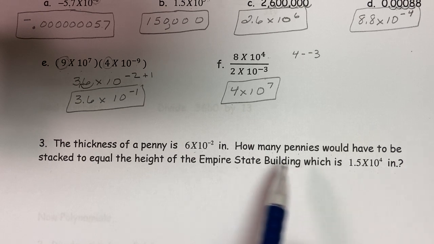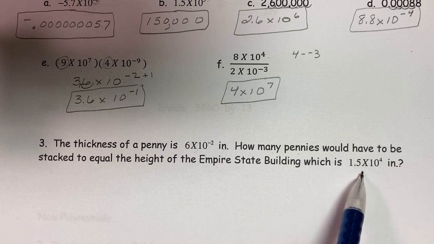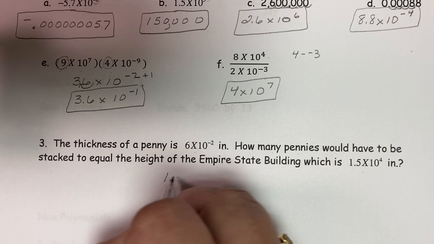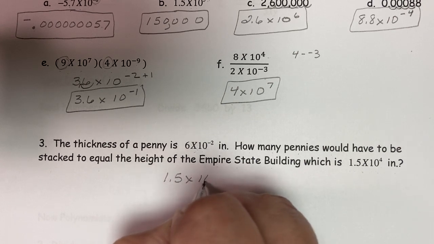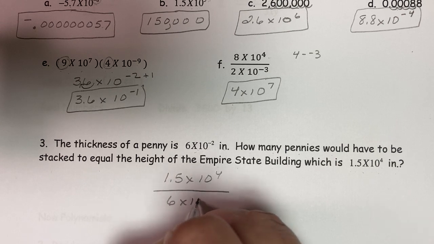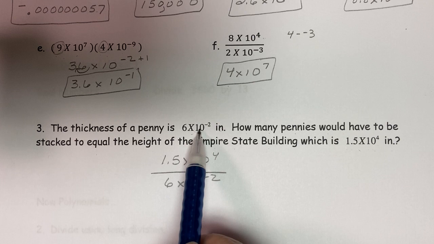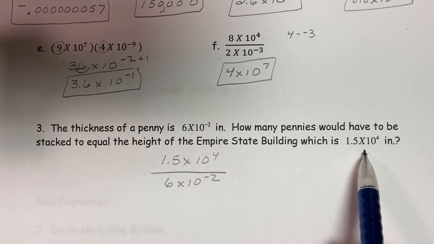So how would I figure out how many of these it would take to get to here? How would I do that? Well, I would have to divide 1.5 times 10 to the 4th by 6 times 10 to the negative 2. That will tell me how many of these there are in here.